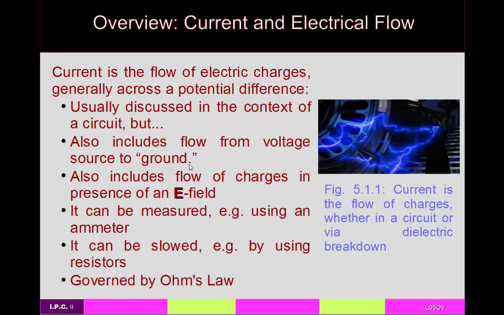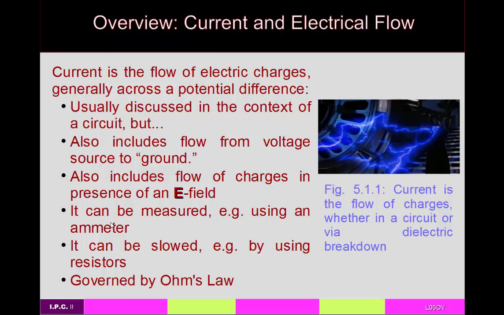So in a sense, there is electrical current in a lightning strike. We basically are going to look at this in the context of charges moving both across potential differences and also moving along an E field line, or moving in the presence of an E field, I should say.